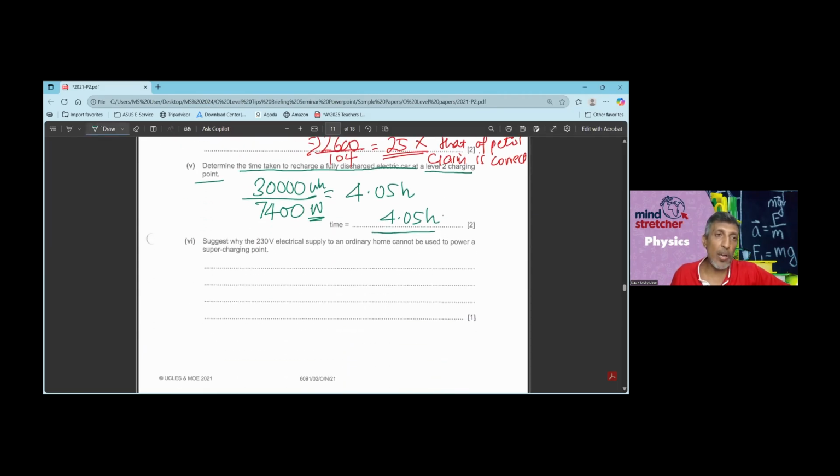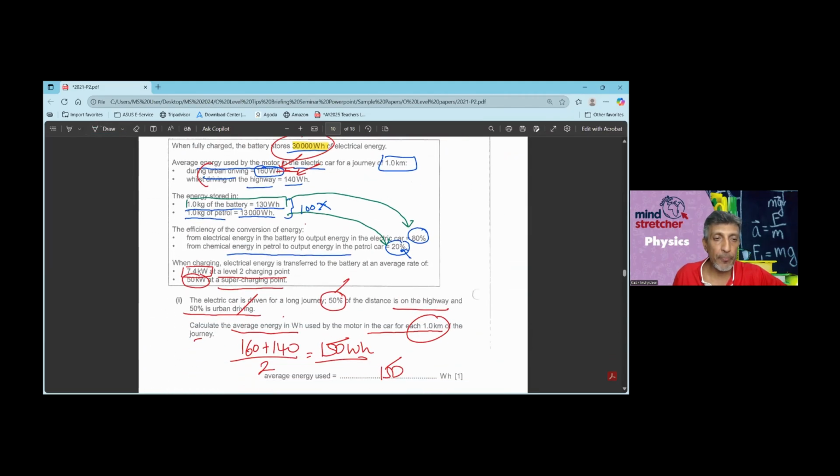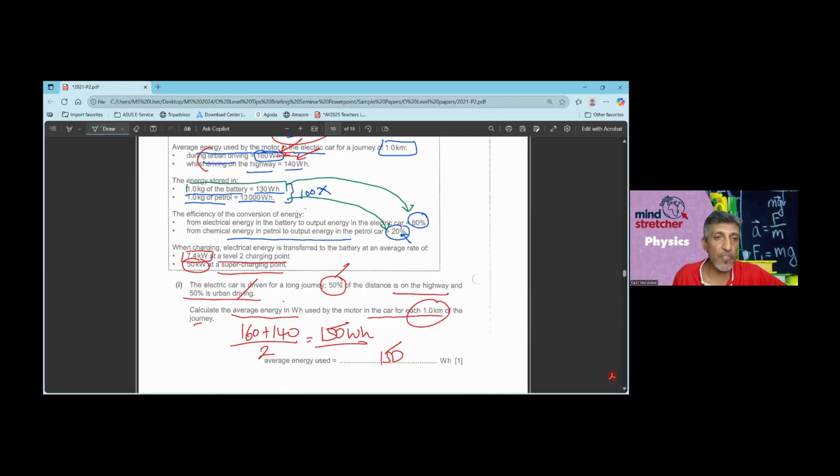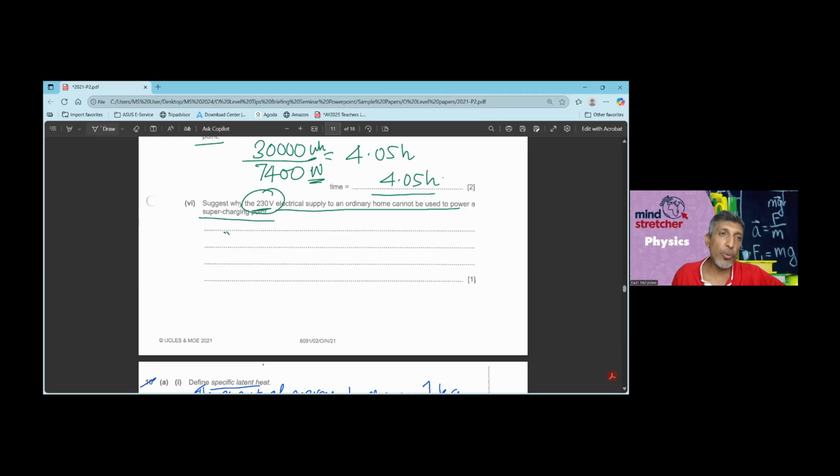Suggest why the 230 volts electric supply to an ordinary home cannot be used at a supercharging point. So look at that. Supercharging point, if you use the 30,000, this is your power. So you calculate what is the power here. At the supercharging point is 50 kilowatt. You know power is VI.